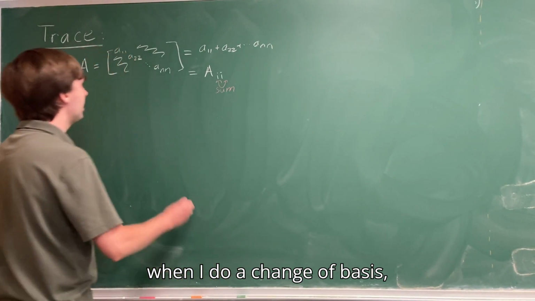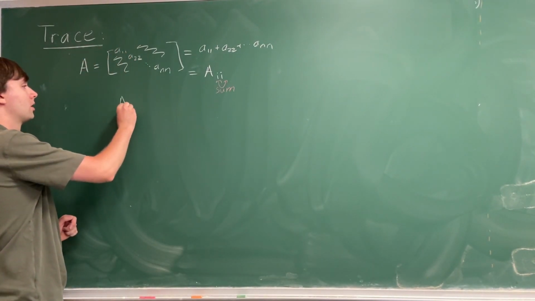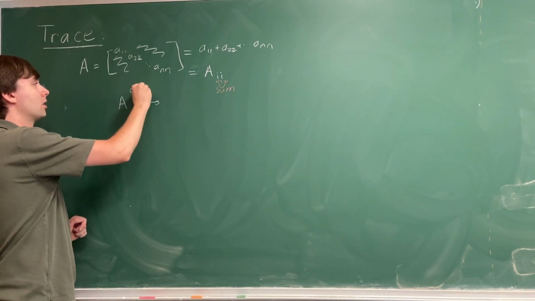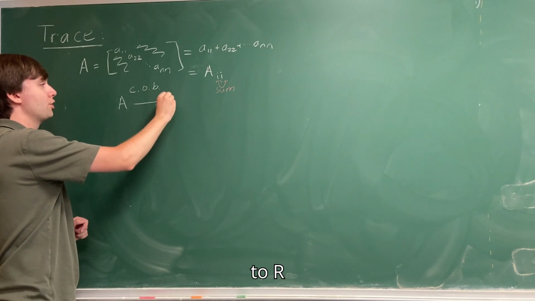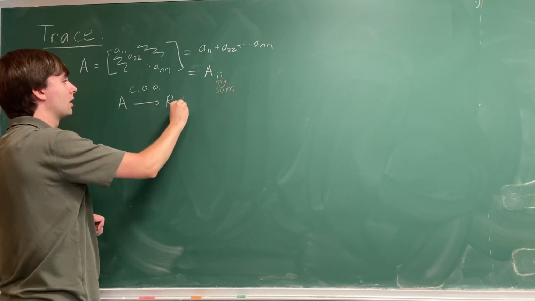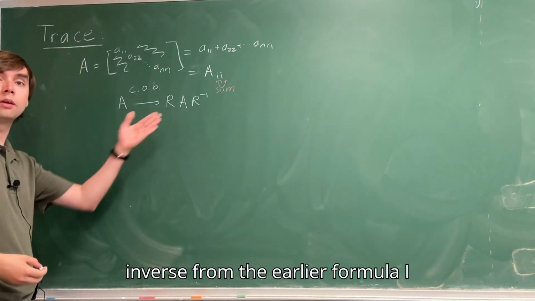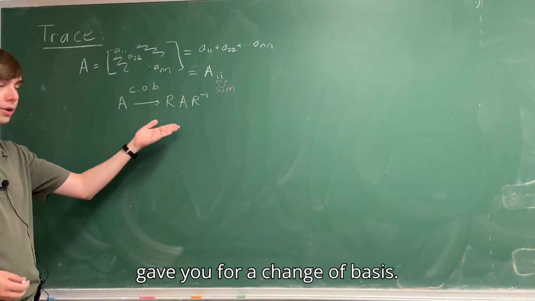So when I do a change of basis, that means I go from A to R times A times R inverse, from the earlier formula I gave you for a change of basis.